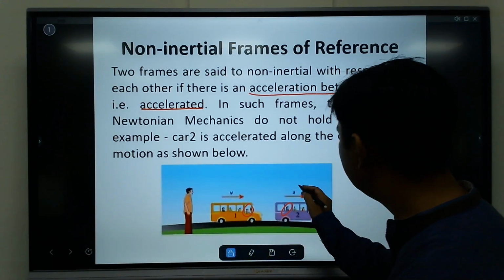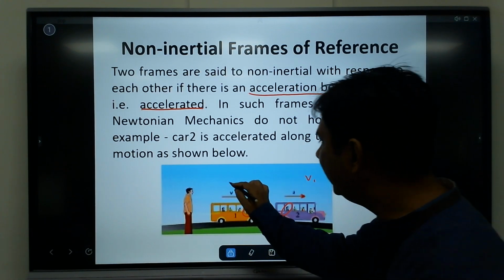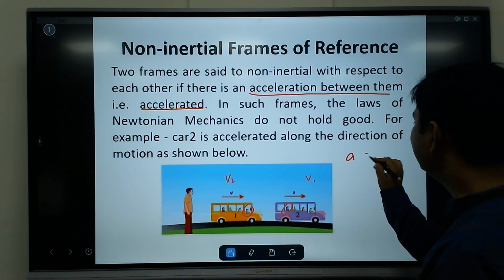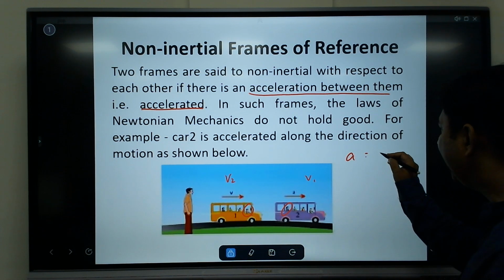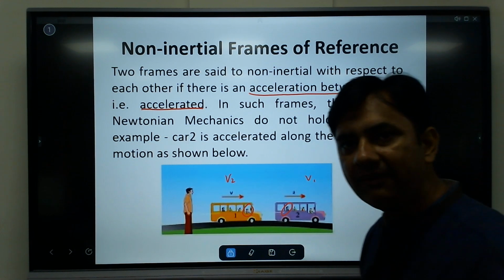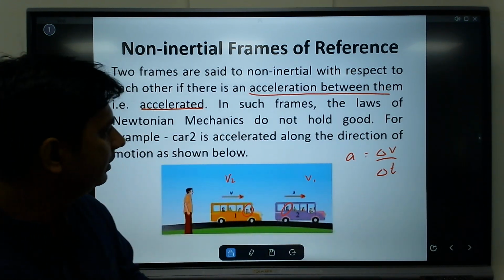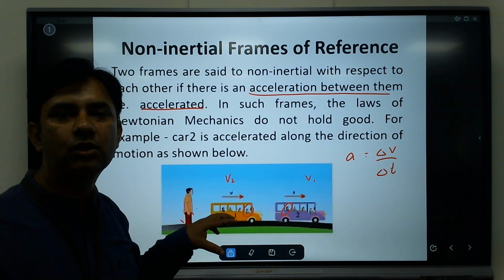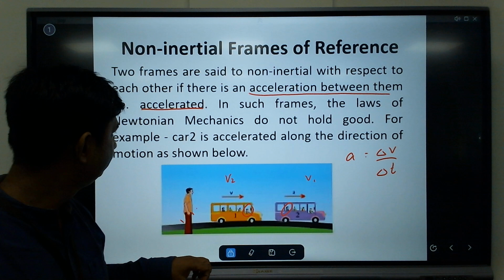Why? Because his velocity may be v1 and the driver's velocity will be v2. Acceleration is change in velocity by change in time. So only if there is a change in velocity with change in time can a motion be called accelerated motion.